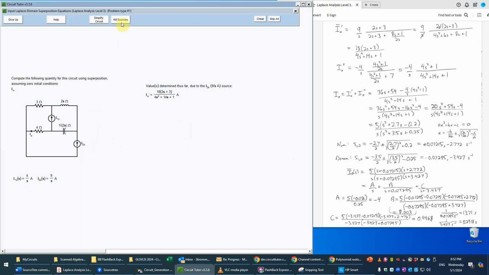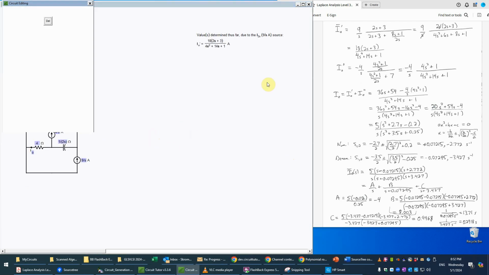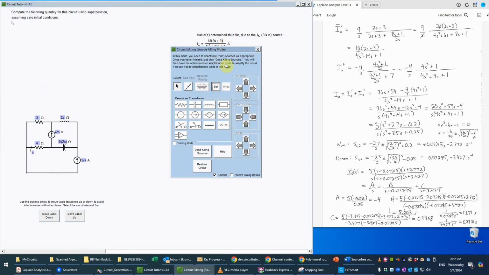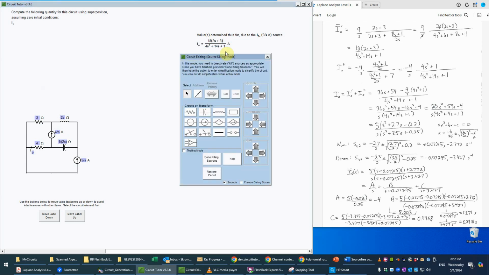And so we're going to go back into the source killing mode in the circuit editor. Wait for that to load up. Okay, so we've already analyzed the 9 over s source.